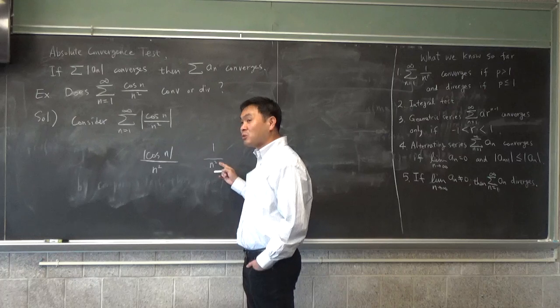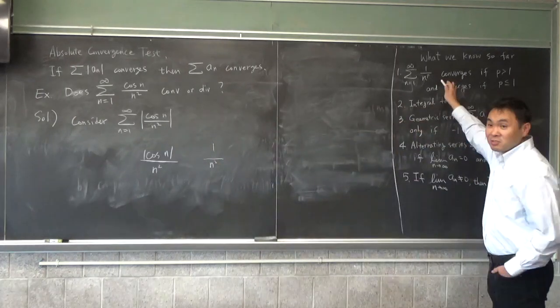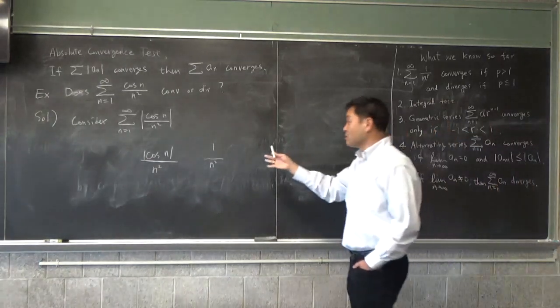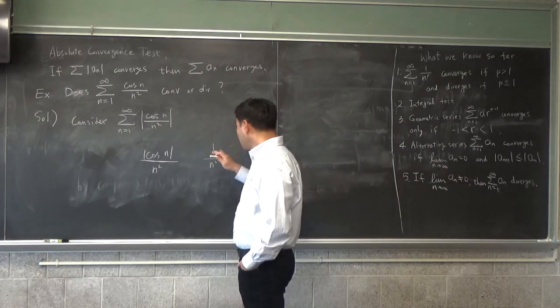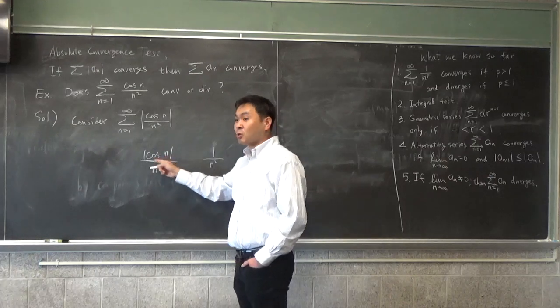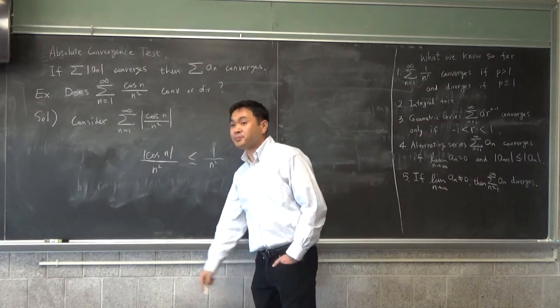We want something that's easy enough, like a p series or geometric series, so that you can come up with a conclusion. So you want to use 1 over n squared, because I know that cosine n can never be bigger than 1.